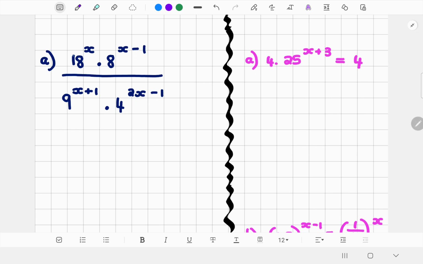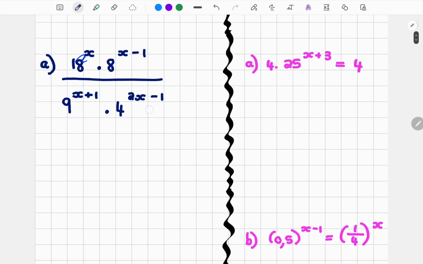If you can see over here, there's an 18 that I need to change, an 8, a 9, and a 4. All of those are not prime bases. So I'm going to change them into a product of their primes.